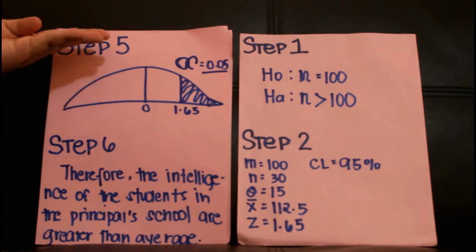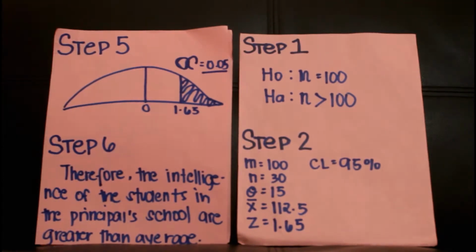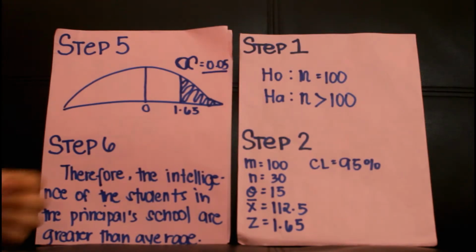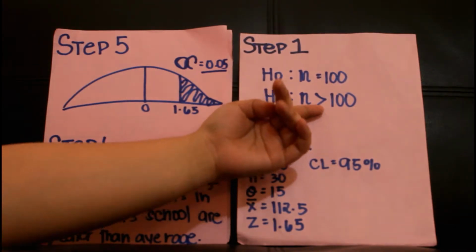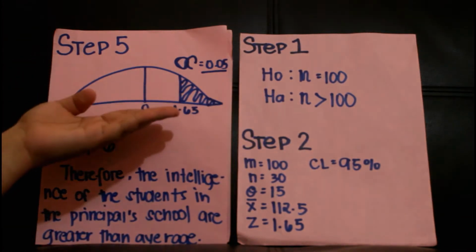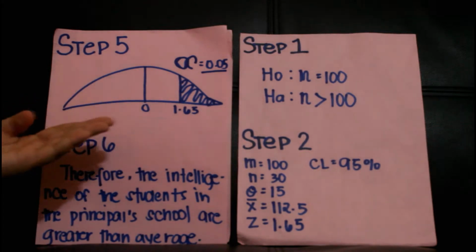Step 5. Draw a curve to help you visualize the problem. So, dito sa step na to, mag-drawing tayo ng curve. Tapos, parang ang pagbabasihan natin sa pag-shade ng part is the alternative. Yung sign ng alternative is greater than, di ba? So, ang isi-shade natin na parte is yung right side.